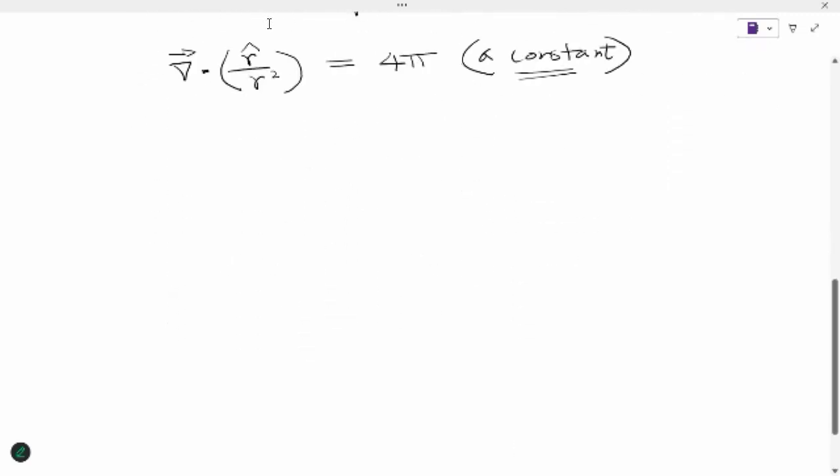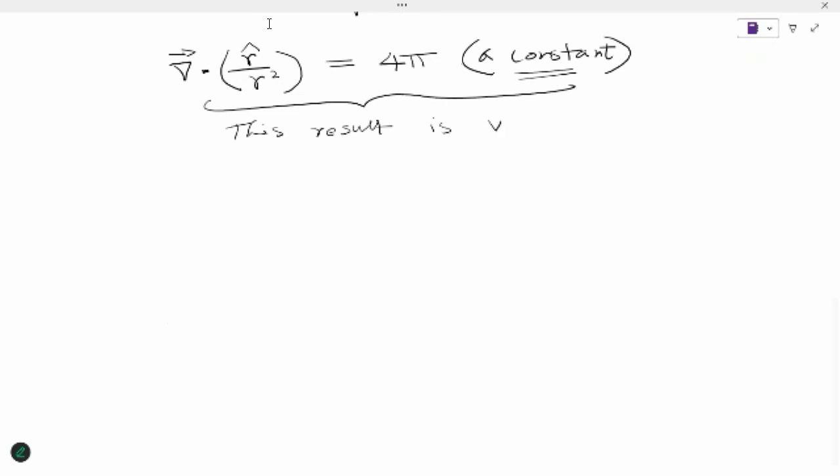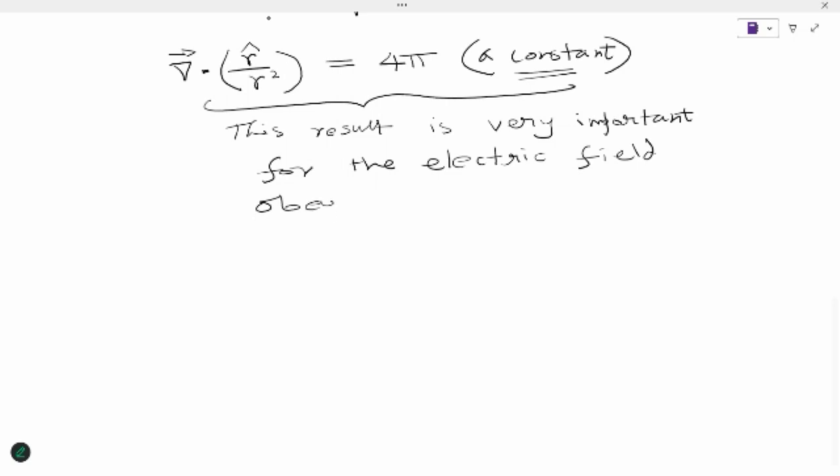And this result is very important for the electric field obeying Gauss law.